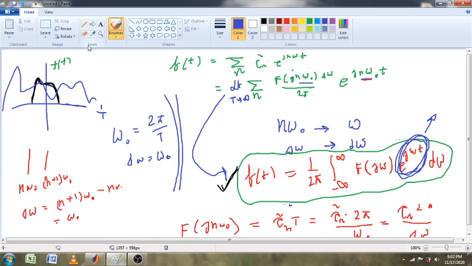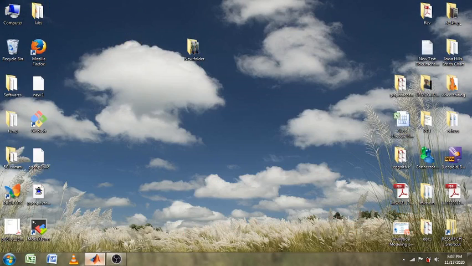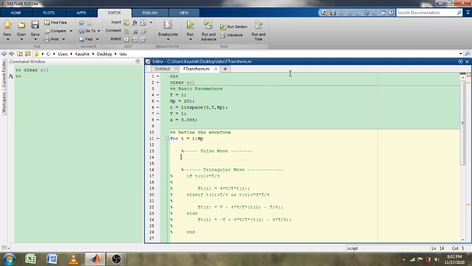But before we stop, I would like to just show what we discussed in MATLAB. Let's see if we can do that. Okay, so this is the same code that I shared with you last week, and we are going to see the exact same signal that we just plotted in Paint and took as reference. The signal was on for some time, then off for some time, right?